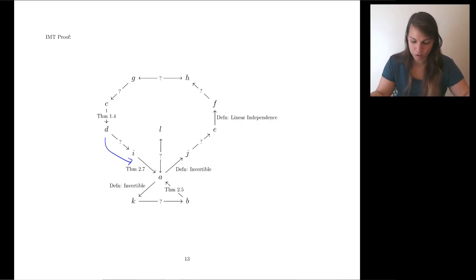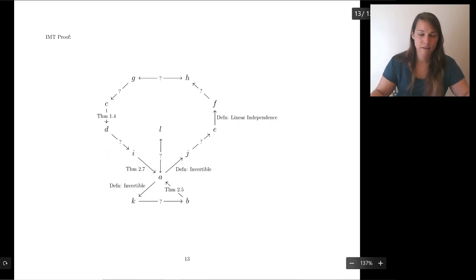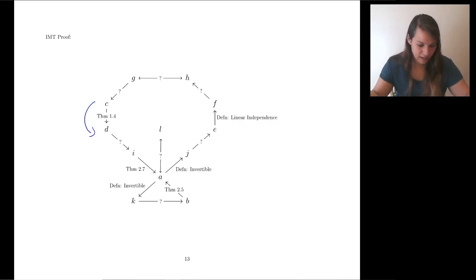A is row equivalent to I. We haven't formally proved that, but I did a lot of reasoning throughout this lecture that would prove that. C goes to D. That would be the columns of A span Rn is the same thing as A has n pivot points. That was theorem 1.4.